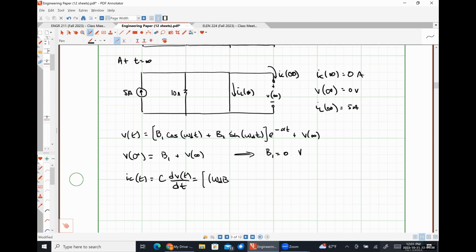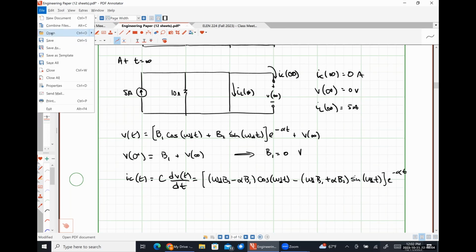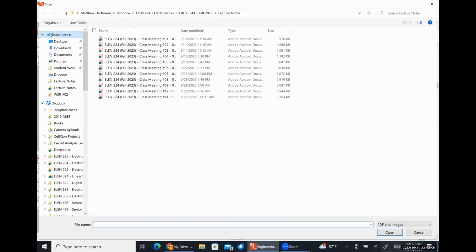Omega d B2 minus alpha B1 cosine omega d t, minus omega d B1 plus alpha B2 sine omega d t, e to the negative alpha t. Let me pull up my table just to make sure I'm not swapping those up. That's what you have in your notes?